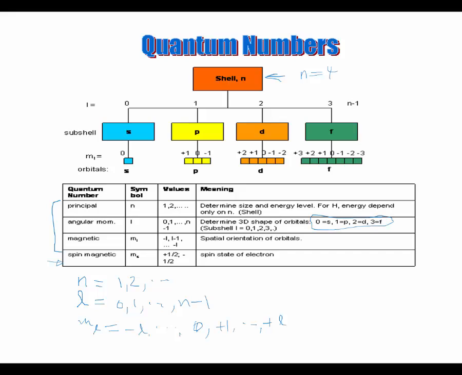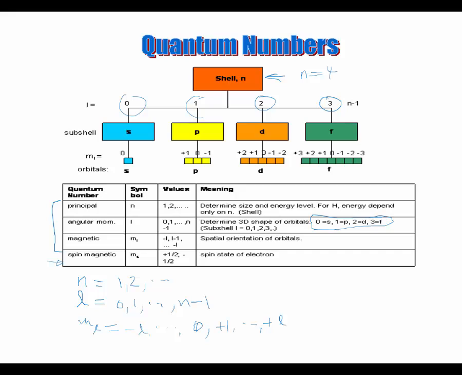So if n is equal to 4, the possible values of L can be 0, 1, 2, or 3. So 0, 1, 2, and 3 are the only allowed values of the quantum number when n is equal to 4.